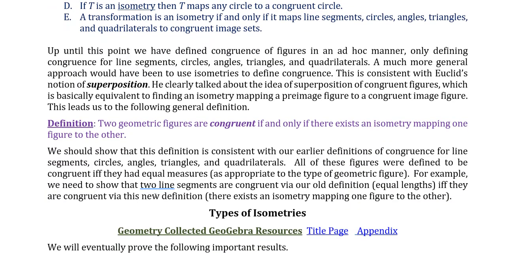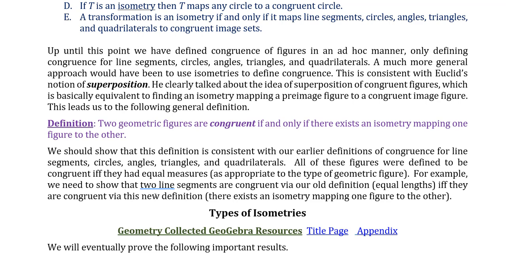We will need to show that this is consistent with our early definitions, but that's mostly what that theorem up there does. The old definitions talk about having equal measures of angles or lengths of line segments, and the new definition talks about isometries mapping.